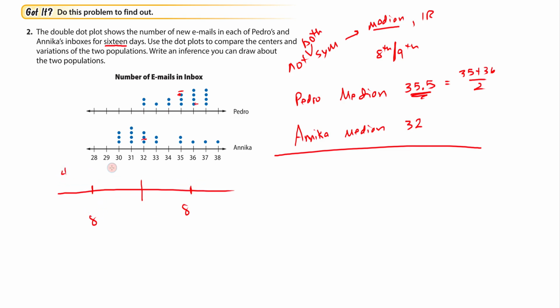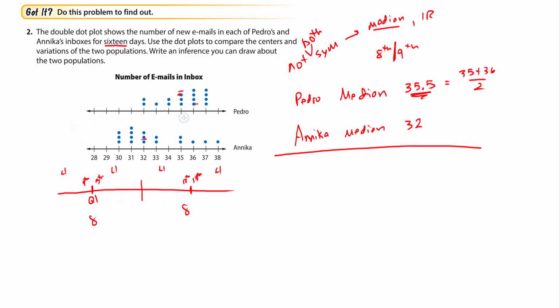So I need 4 numbers in each of these blocks. So this Q1 is between the 4th and 5th number. There's 12 numbers to here. So this is between the 12th number and the 13th number.